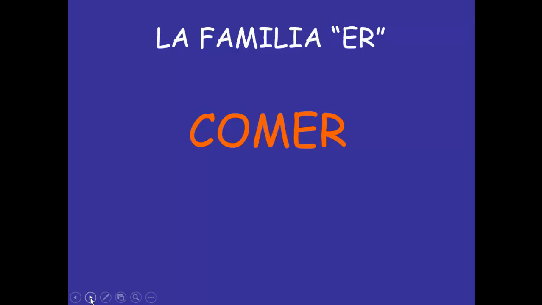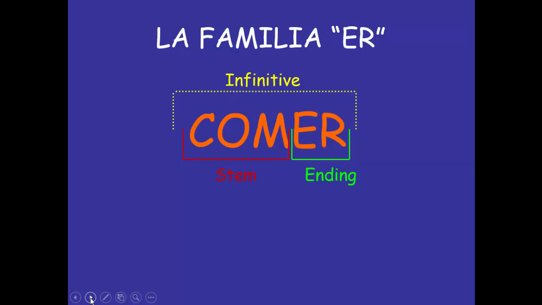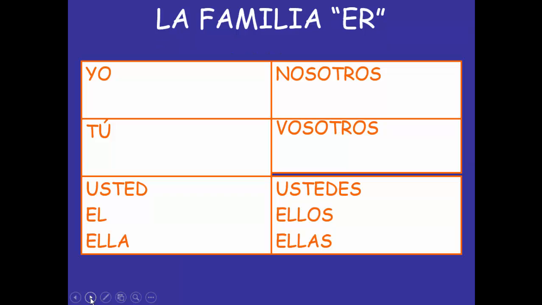Okay, comer. ER verbs follow the same pattern. The only difference is one vowel in all the endings. So comer means to eat. That's the infinitive form. The stem is com. The ending is er. So our endings are going to be very similar to the AR endings. Yo, o. Now here's where the difference comes in.